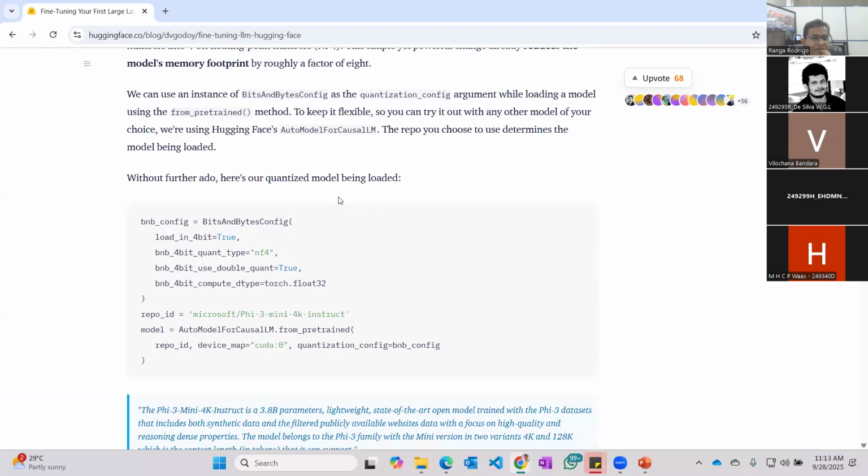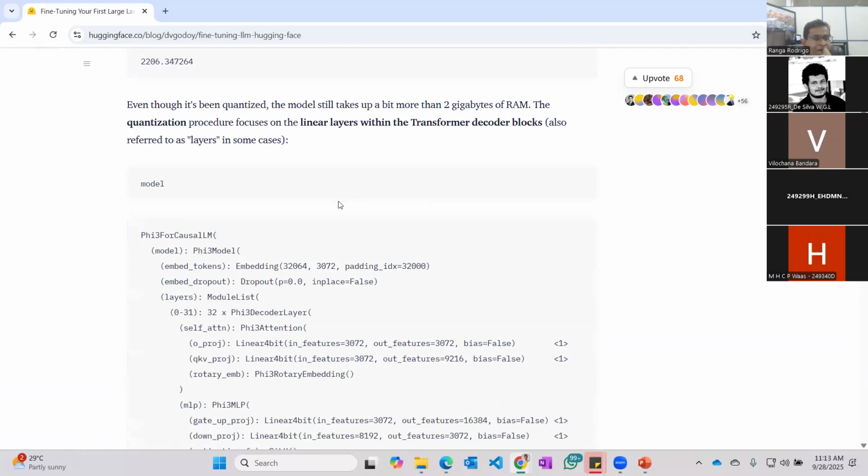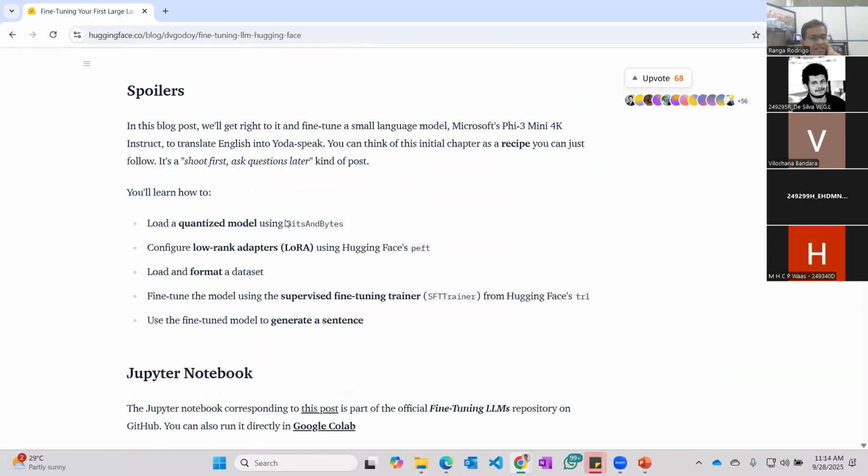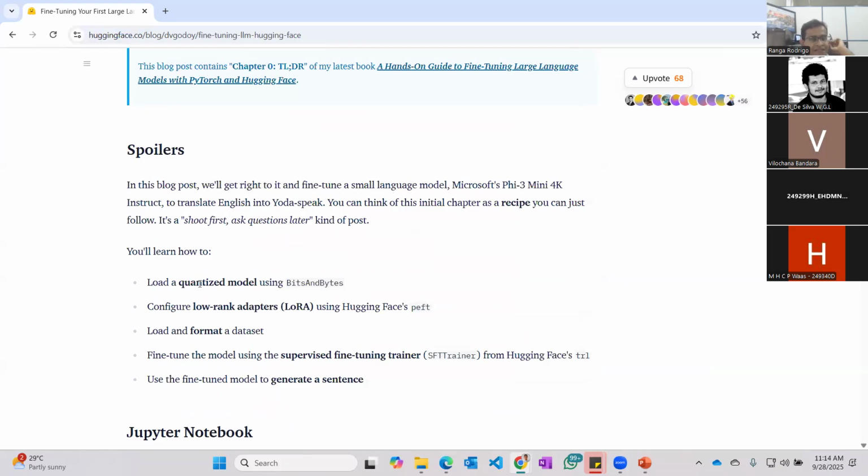I don't know which language model they used here. I think they used the so-called Phi-3 model. This is from Microsoft. So this is an example. Many models are there like that. But when you do that, there are things called quantization and low rank adaptation. Those also we have to understand. And then finally supervised fine tuning using data of our own.